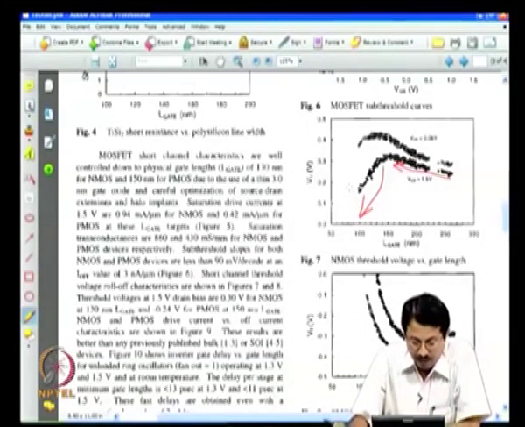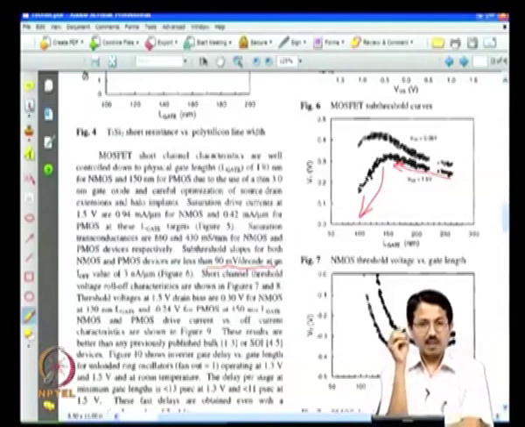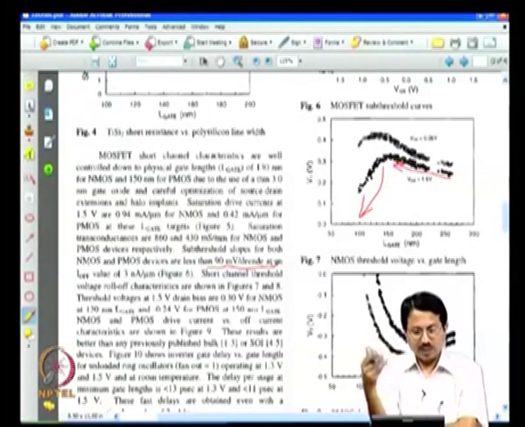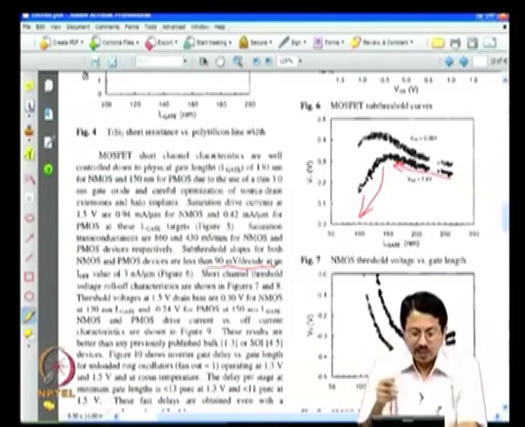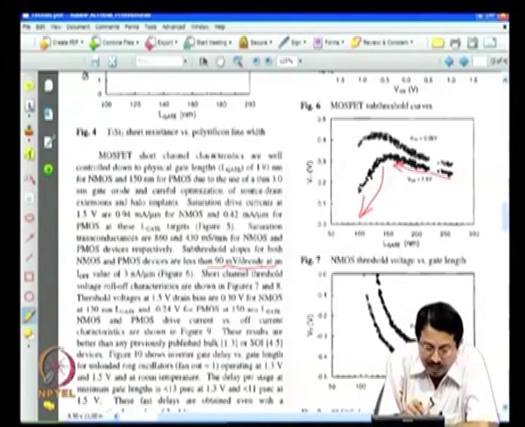So, they have NMOS and PMOS devices which have a subthreshold slope of 90 millivolt per decade. Remember, 60 is the best you can get, but you will never get 60 because you have the 1 plus CD over Cox term, which is always more than 1, right. So, because of that it will be more than 60. They have been able to achieve 90 millivolt per decade, and their off currents are of the order of 3 nanoampere per micrometer.